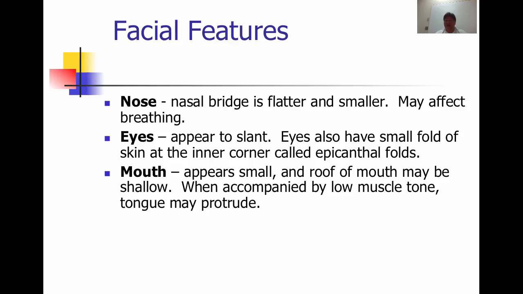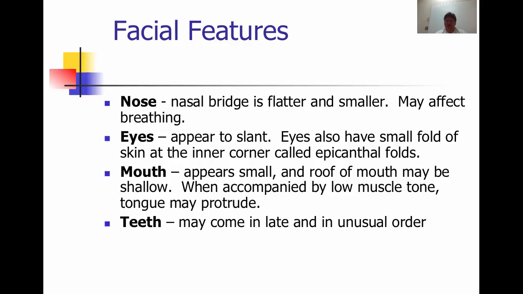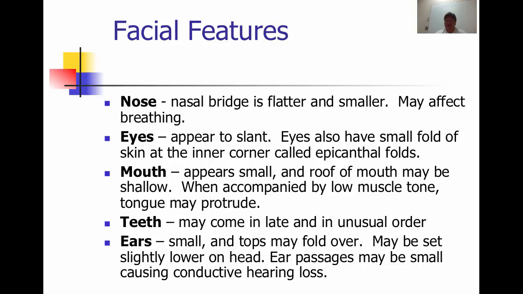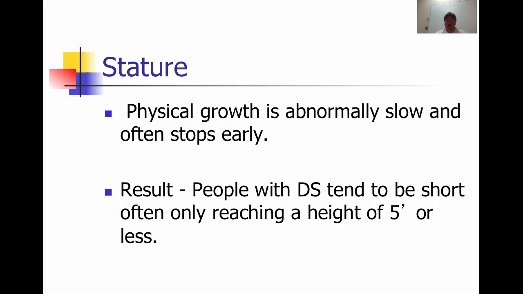So when accompanied by low muscle tone, this can often result in the tongue protruding. Teeth may come in later and in unusual order, and the ears are small and the tops of the ears may fold over. They may be slightly lower on the head, and the ear passages may be small, causing some hearing loss issues.